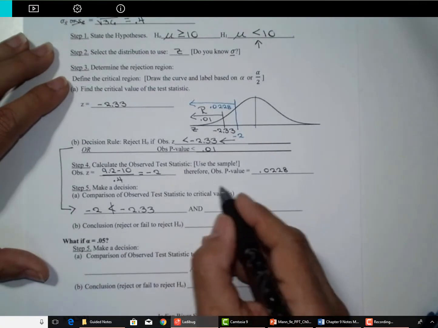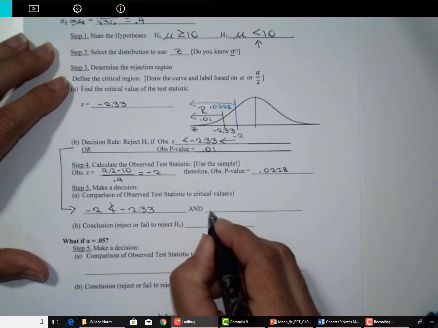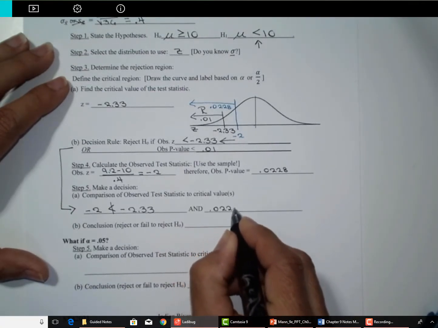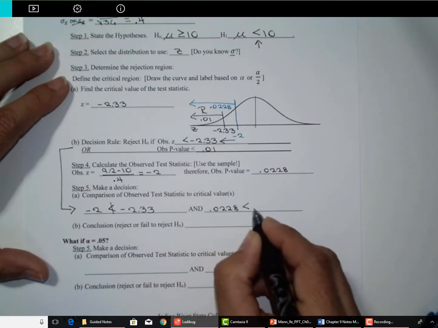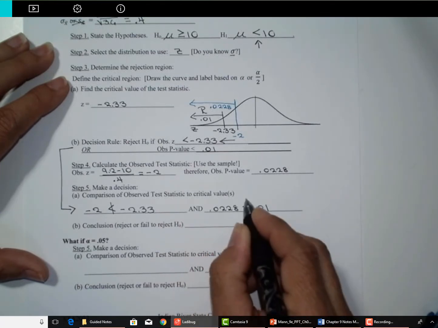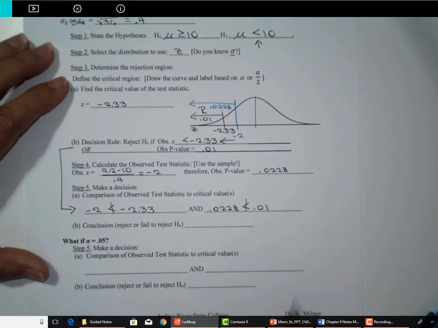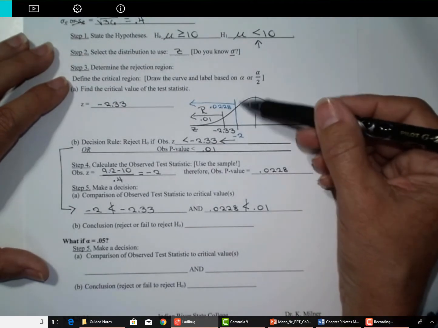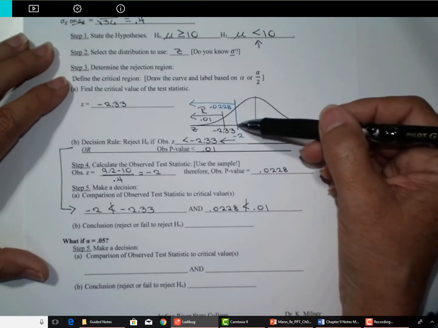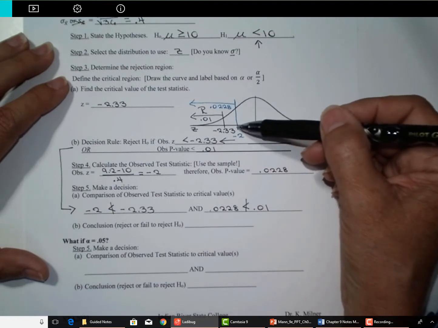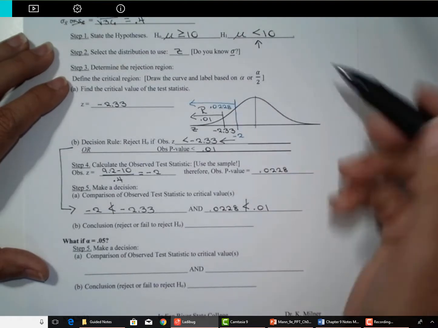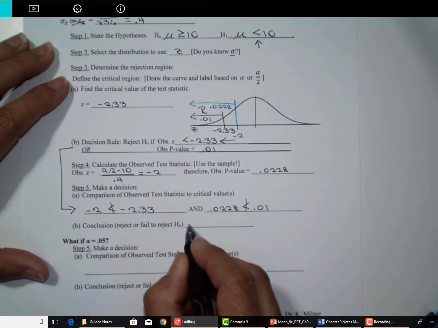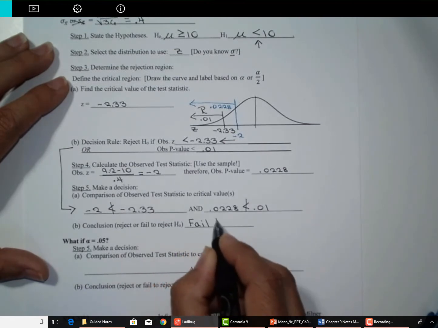If I look at the p-value test, 0.0228 would have to be less than 0.01, which is alpha, and of course, it's not less than that. The -2 z-value, the test case that we took, does not fall within the rejection region. So our conclusion here is that we fail to reject the null hypothesis.